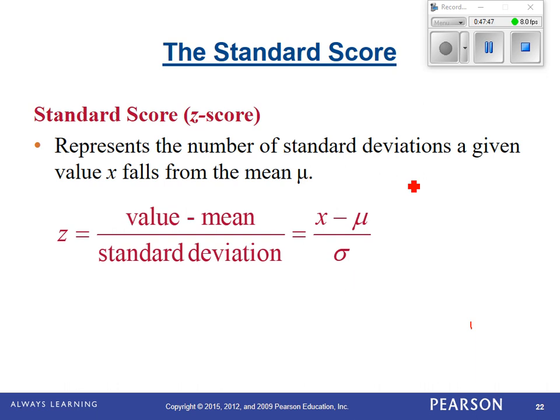So this is if we're dealing with a population, which doesn't really make a whole lot of difference. Can anybody tell me what the formula is going to be for a sample? X minus X bar over S. So that's for a sample, the other one's for a population. Both are the same thing, you just have to know the mean and the standard deviation.